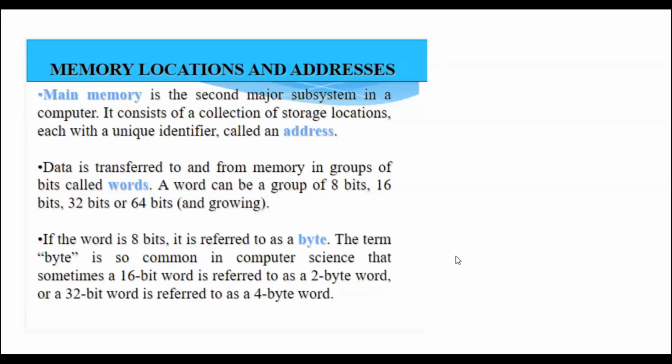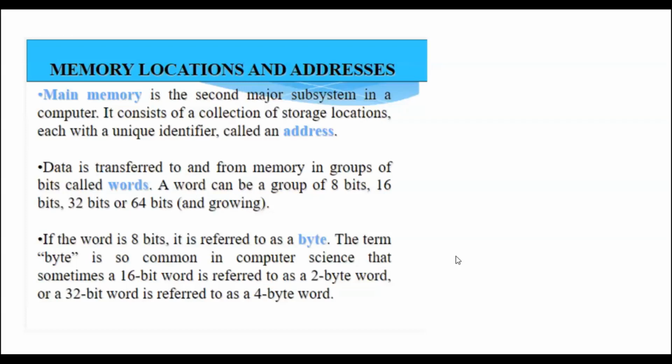The memory locations are addressed from 0 to 2 raised to k. So the memory has 2 raised to k addressable locations, and thus the address space of the computer has 2 raised to k addresses.